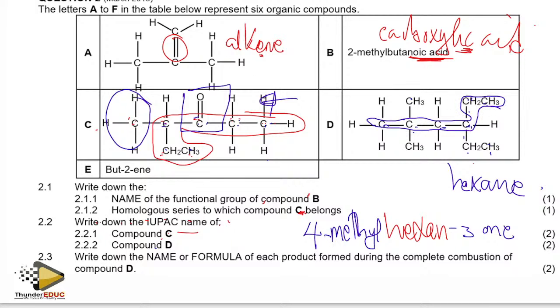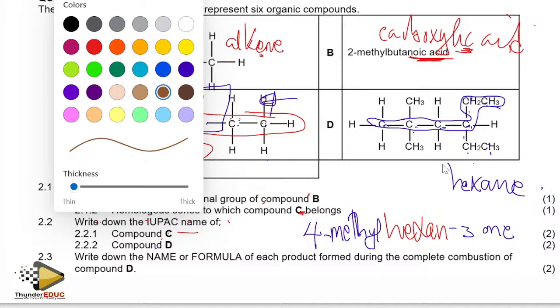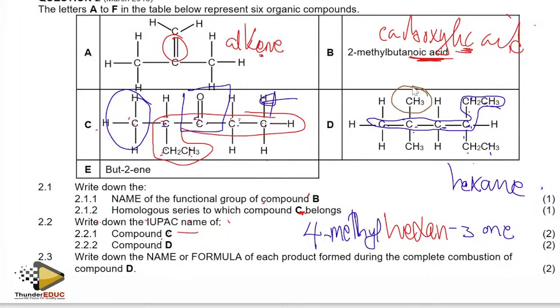So now the remaining ones become the side groups. This becomes a side group, this one becomes a side group, and this one becomes a side group. Once I know the side groups, I will find the positions. Counting from this side, 1, 2, the first one is on carbon atom number 2. If I count from the other side, 1, 2, 3, it is on carbon atom number 3.